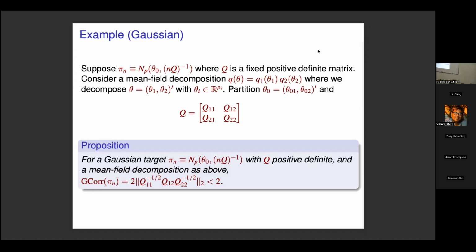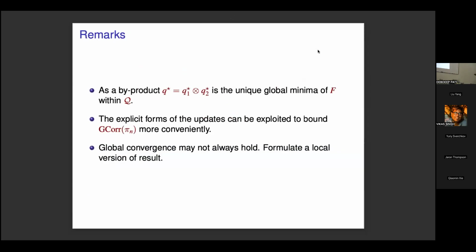So if you run this for a Gaussian example, then no issues there. As a byproduct of this condition, one can actually show that your Q star is the unique global minima of your objective function.